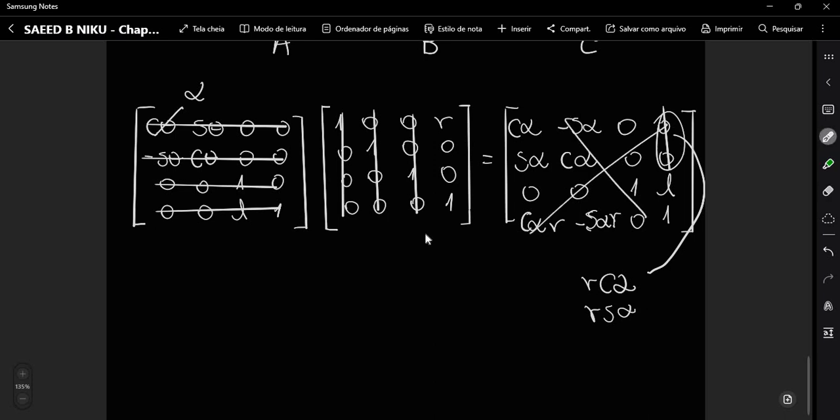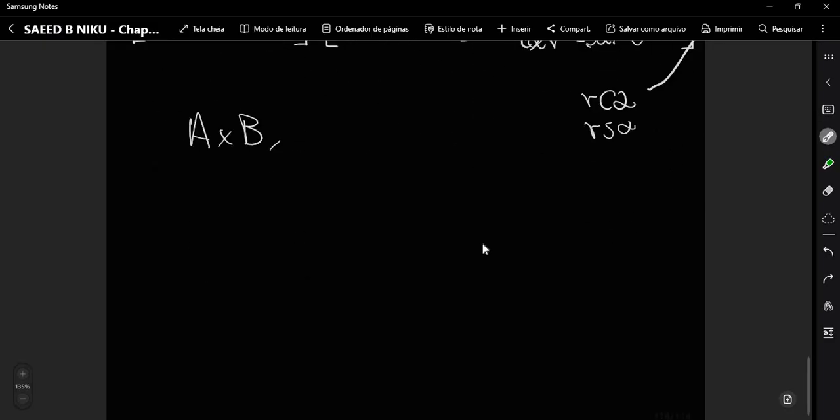So A times B times C, the operation between these matrices, is the result of this transformation.